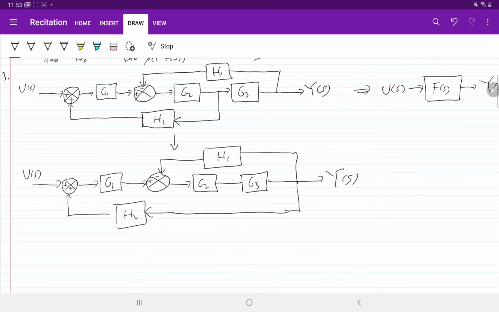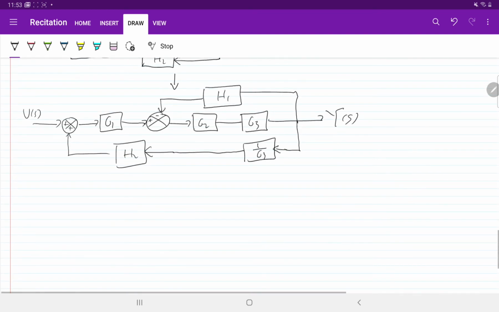But this is not correct, because this point here is not multiplied by G3, so the signal that is being fed to H2 is not multiplied by this gain G3. But if you move this point here to here, then this point is multiplied by G3. So to compensate, you need to multiply with 1 over G3, right?